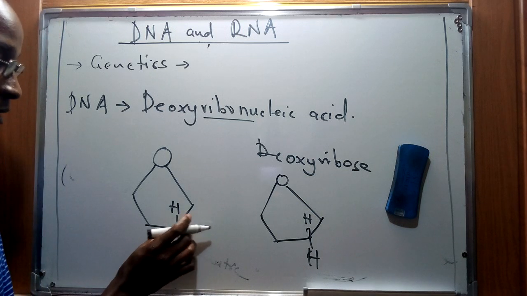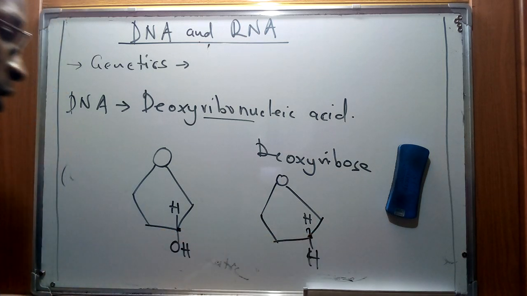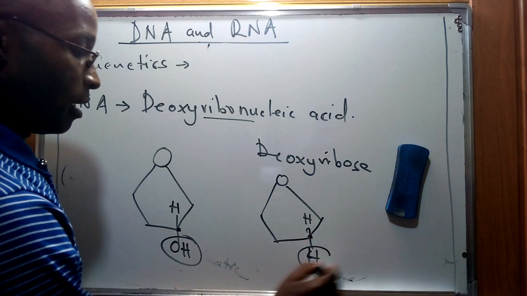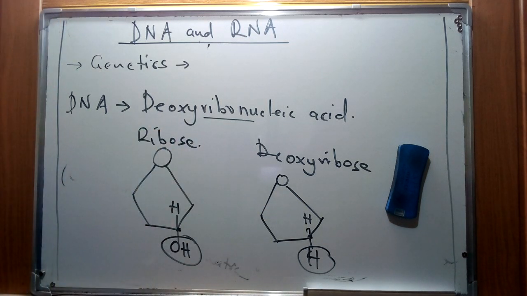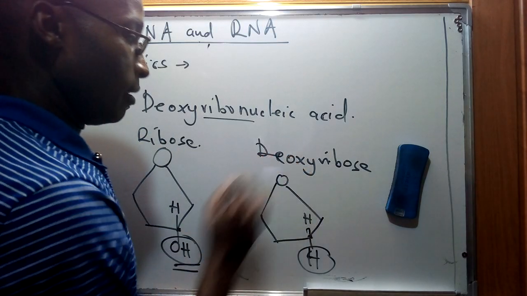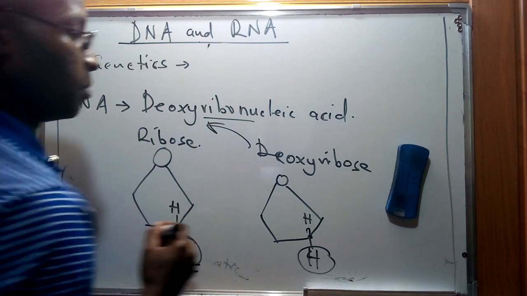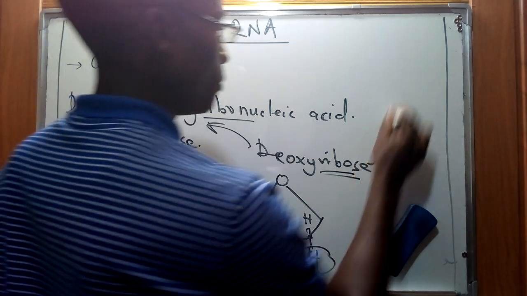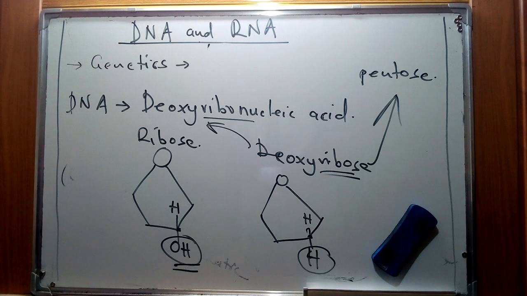At this particular carbon, there's an attachment where one has a hydroxide group and the other one lacks a hydroxide group. The one that has a hydroxide group at this carbon atom is referred to as ribose, while the one that is lacking is referred to as deoxyribose. We said that the ribose molecule is a sugar of the pentose class, which is dominantly seen in nature.